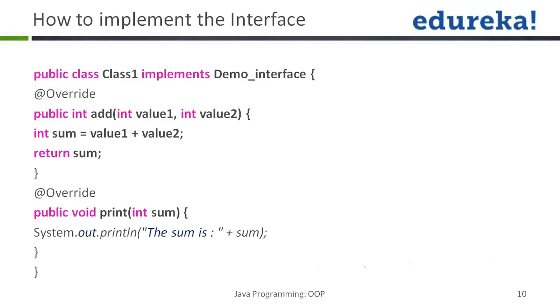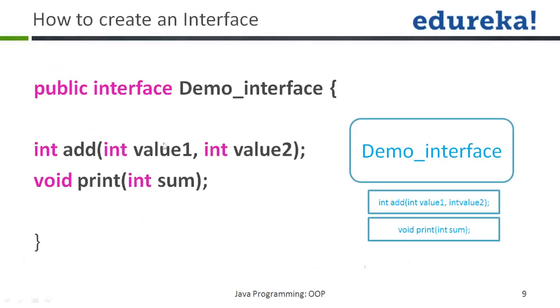Vijay says, is it not necessary to put the abstract keyword before methods here? Yes. Can you tell me why, Vijay? While declaring methods in an interface, it is not necessary to mention the abstract keyword. Then I'll tell you. Arun says abstract class and interface bodies are likely the same format. Exactly correct, but there is a difference of rules in that.